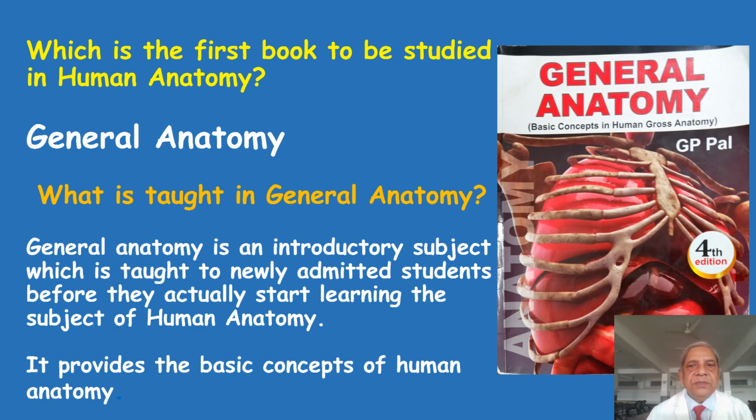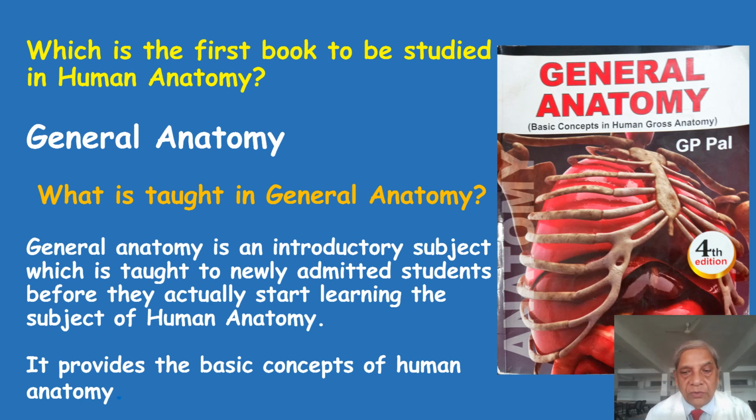This book which you are going to learn in the course of human anatomy is called general anatomy. This is a small book of about 100 or 125 pages, and this has to be studied first before you actually start learning anatomy proper.